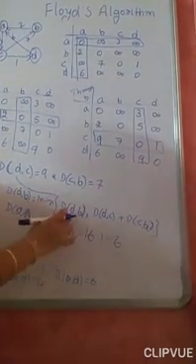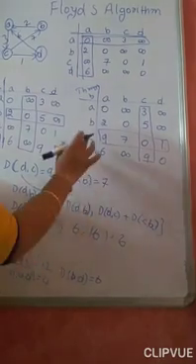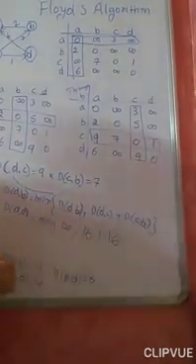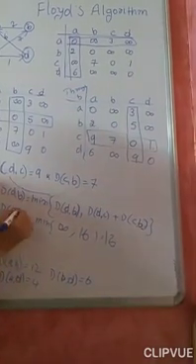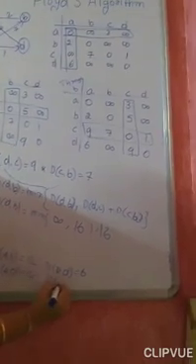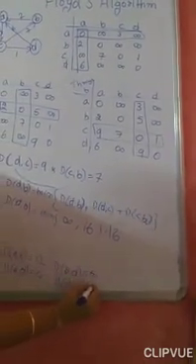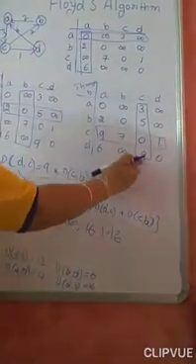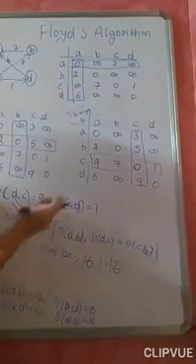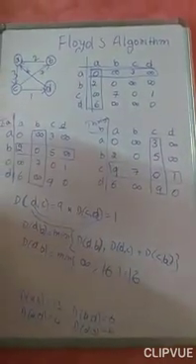What is the previous distance from D to B? Infinity. So, which is minimum? 16 is the minimum. So, distance from D to B is equal to 16. Now, repeat this 9 with this 1. C to D is equal to 1. So, D to D is anyhow a diagonal element, it will be 0.